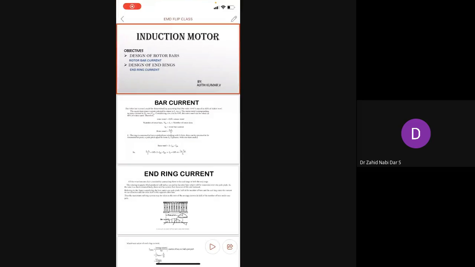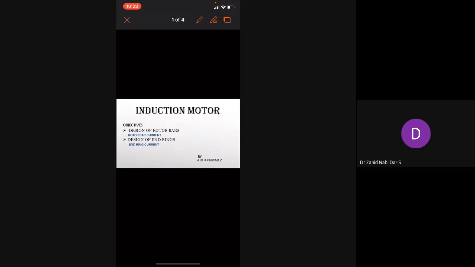Third person. Yes, sir. Start. Yeah, Ajit Kumar. Maximize it, we cannot see it actually. It's very small.